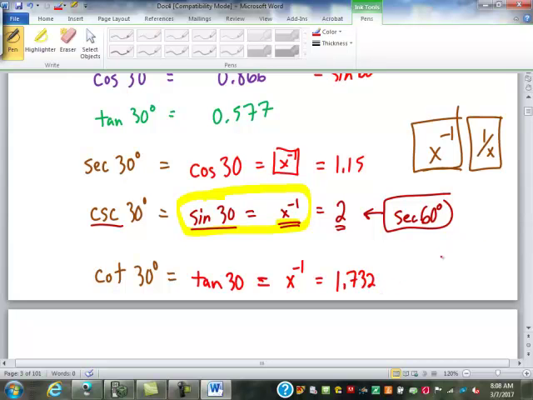Now, of course, the cotangent of 30 will be the same as the tangent of 60 degrees, because, again, it is a cofunction.